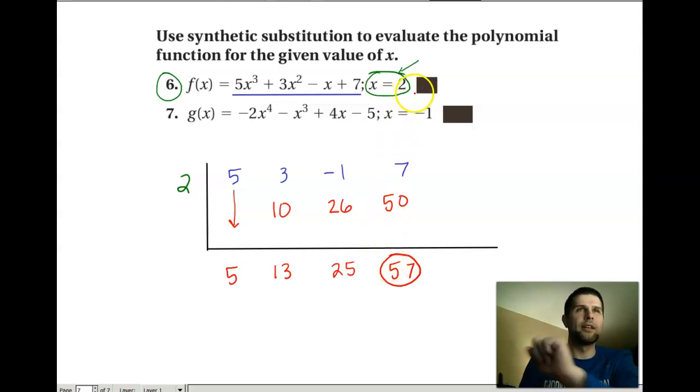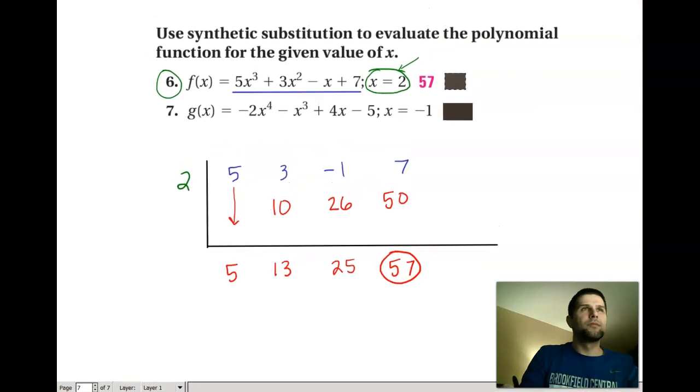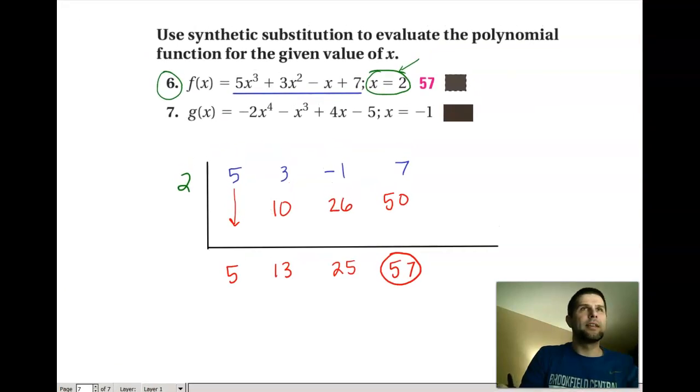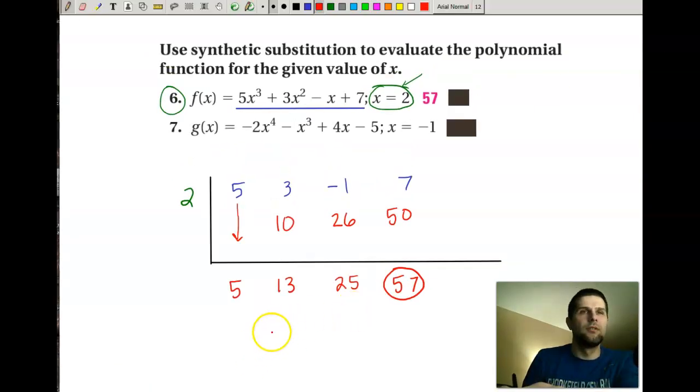So if I plug in 2 into this function, it should be 57. I'm going to check the answer, and the answer is 57. So our final statement would look like this: f of 2 is equal to 57.